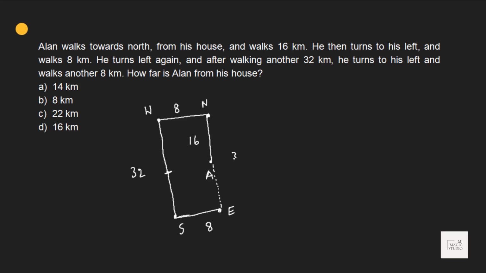This should also be 32. So these all are 90 degrees. We know that. So this length AE should be 32 minus 16, that is 16. Now what is the question? The question is, how far is Ellen from his house? AE. We need the distance AE. AE is 16 kilometers. Option D.